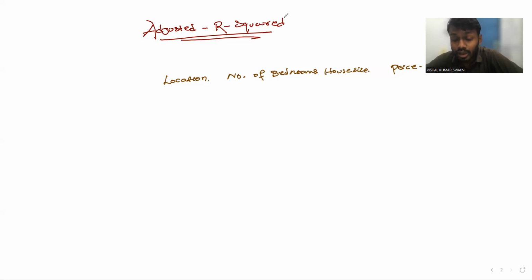So in this problem statement, our aim is to find out which feature matters. These are the independent features, 1, 2, 3, and this one is the dependent feature. The price always depends upon the location and the house size.